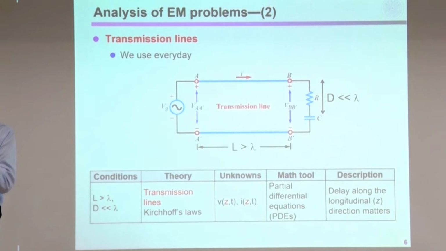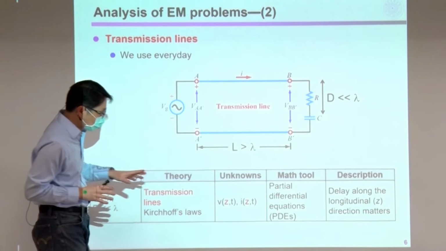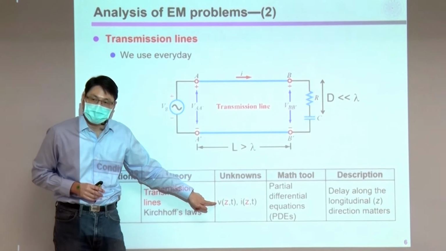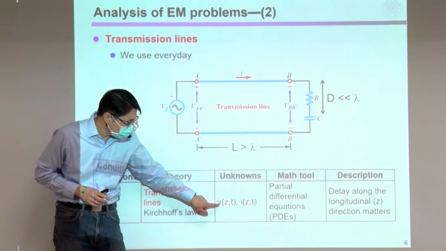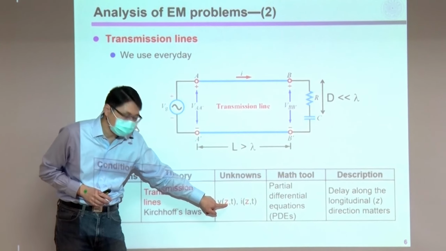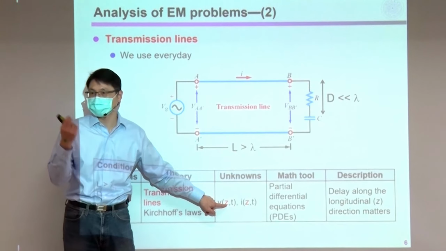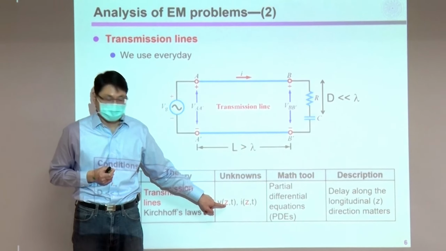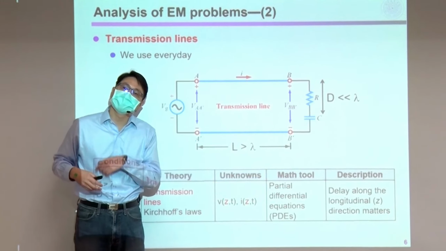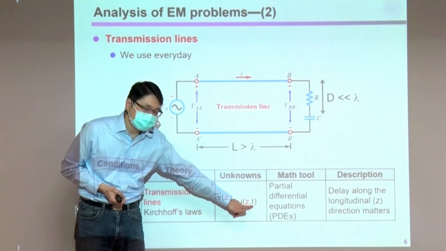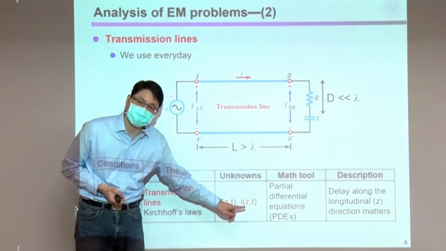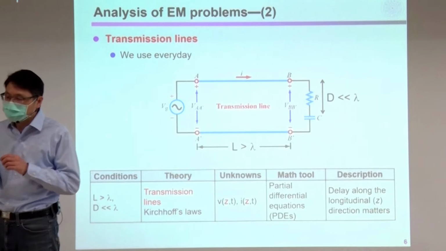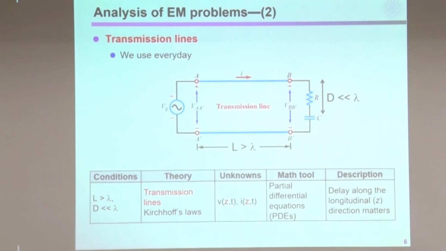So the parameter to be analyzed, voltage as a function of time, but also as a function of space. Current now also becomes a function of time and space. So basically, your partial differential equations would involve time and space.